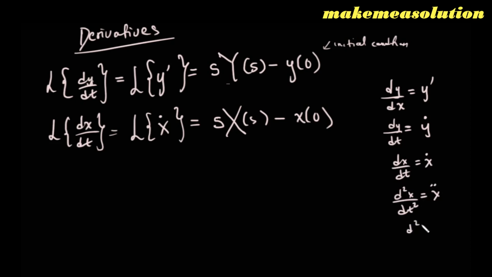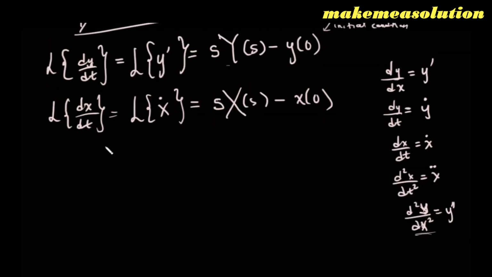But when you have d2y by dx squared, you can call it y prime prime. So if the denominator variable is dx, we use prime, but if the denominator variable is dt, we like to use the dot notation for denoting the derivatives. So this is the Laplace transform of derivatives.